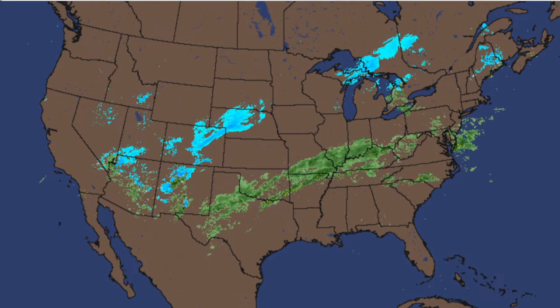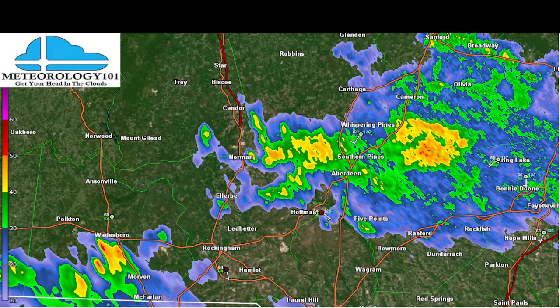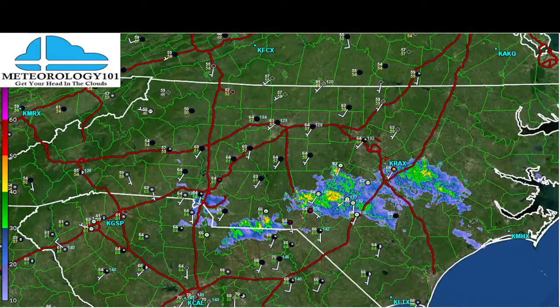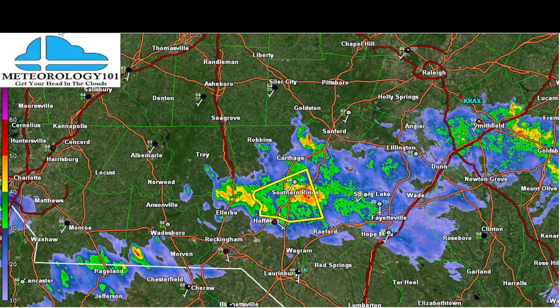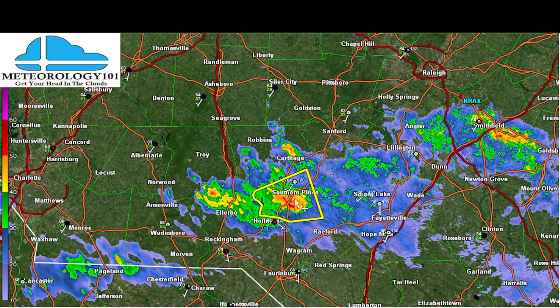Radar. Let's go back over to the local radar, and like I said, in North Carolina, we just had a severe warning here, and that expired. We'll go back a few shots, and there's our severe storms right south of the Southern Plains. We can see that right back over here.